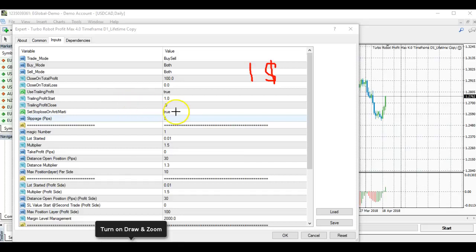Let's say your trailing profit is $1. So this is already $1 and your trade has already earned $1. The moment the market reaches this $1, the market will lock it. Once it locks, you are locking your profit.